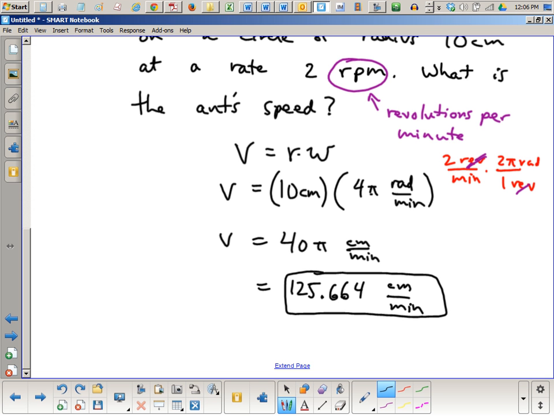The hardest part is figuring out that when they said 2 RPM, what they meant was twice around a circle, which is 2 times 2 pi, and you had to put 4 pi in for your angular speed. All right, and that concludes the lesson.